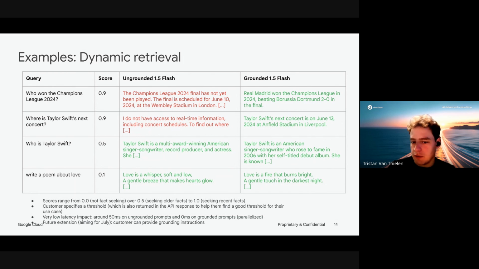The grounded model will be able to give an information that's maybe a bit more factual, but in the end, will not say that much more. And then write a poem, yeah, of course, there it doesn't really look up for anything. But you need to know that ungrounded prompts, they are a bit faster and cheaper, right? So you want to avoid grounding a model if it's not needed. That's basically what we're looking at.